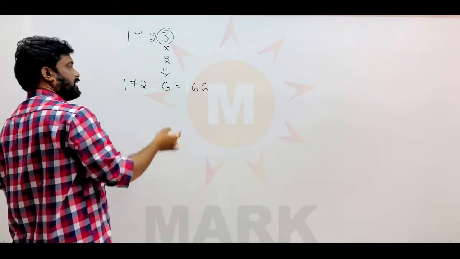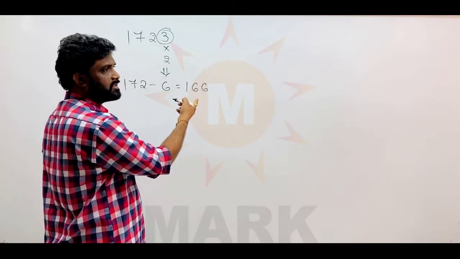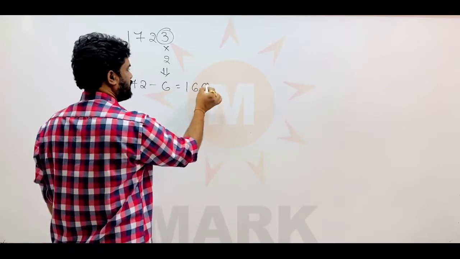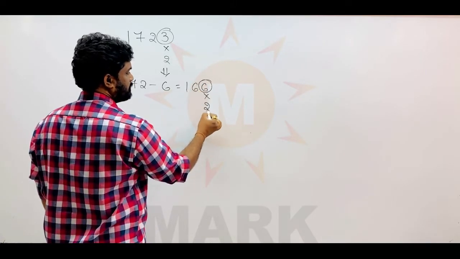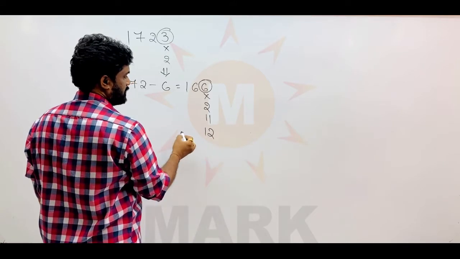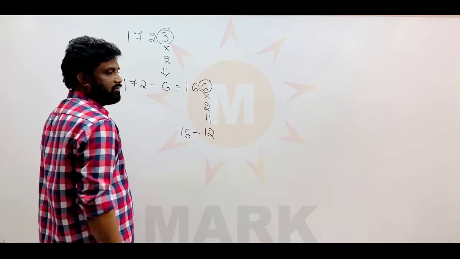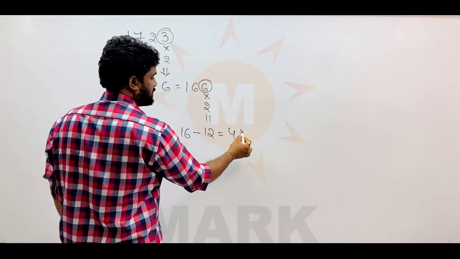Here itself I can say that 166 is not divisible by 7. But if you want to confirm, you can repeat this process. 6 into 2 is equal to 12. So 16 minus 12 is equal to 4. So 4 is not divisible by 7.